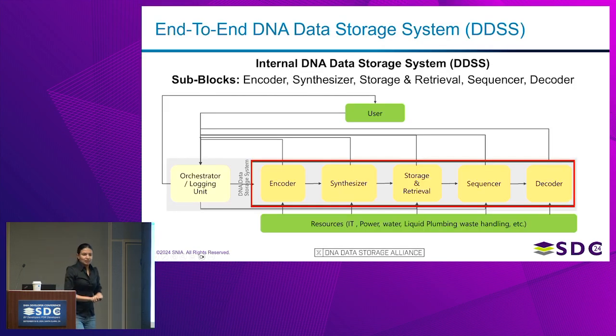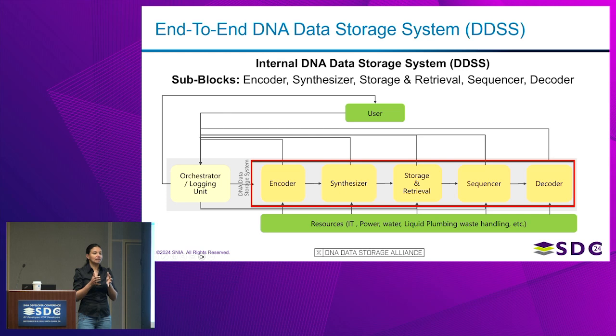Okay. So this is the first block view of the end-to-end storage system. The 5 blocks you are seeing on your right hand that are boxed together, those are the core internal subblocks of the DNA storage. These include the encoder to encode the data, but also then the synthesizer, which is essentially the writer.